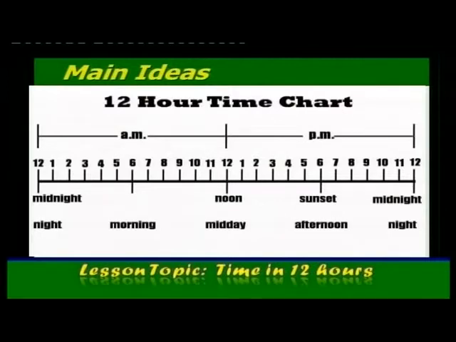So, you need to understand where AM and PM times come in. Okay, AM and PM normally refer to the parts of the day. So, don't forget that AM is usually the morning part of the day, and PM is usually the afternoon part of the day or evening or night.